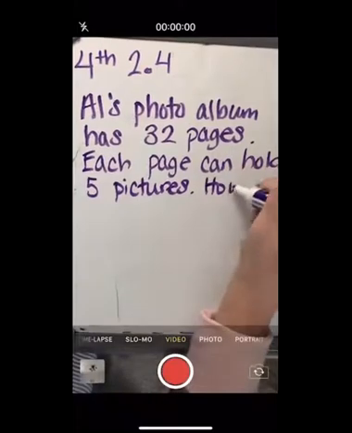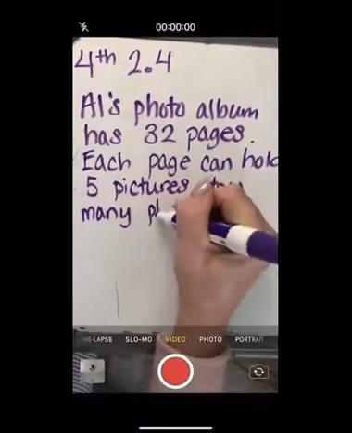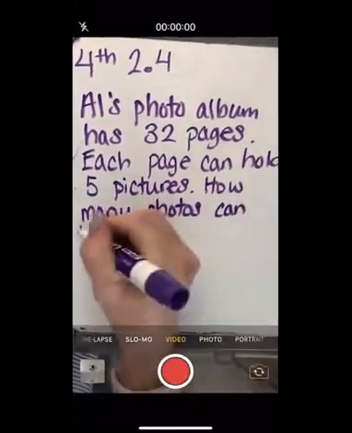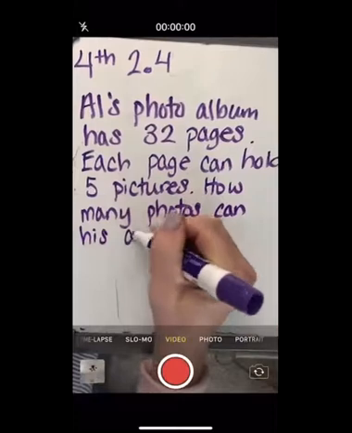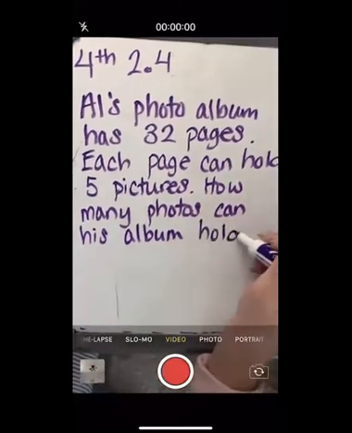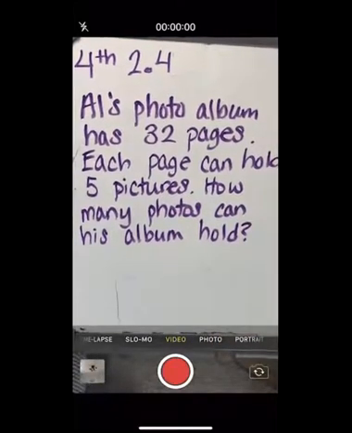How many photos can his album hold? First, I want you to come up with an equation. Keep in mind the word groups of, or in this case, pages of pictures.